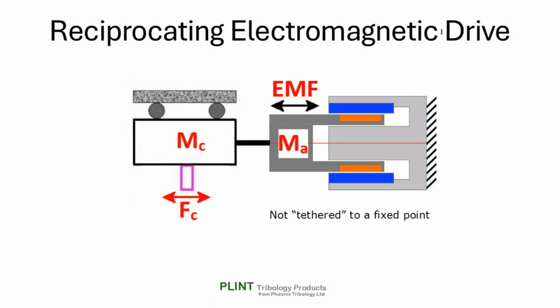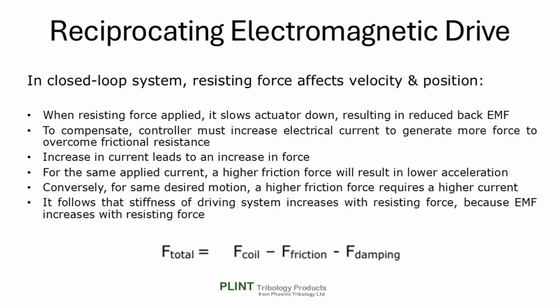The output of a VCA varies significantly with resisting force, and performance is governed by a balance of forces and electrical properties, with the constant Lorentz force it produces being counteracted by the resisting friction force. In a closed-loop system, a resisting force will affect the actuator's velocity and position.